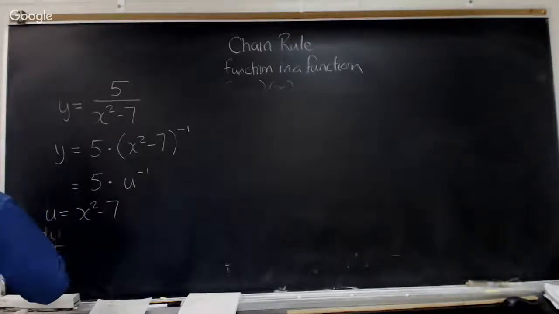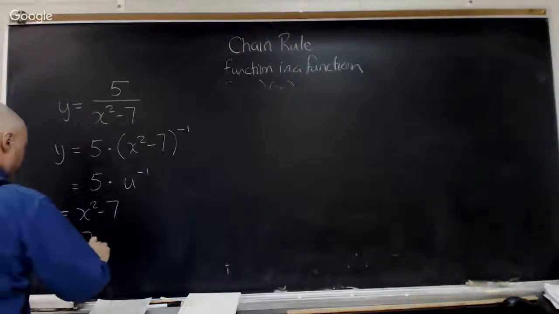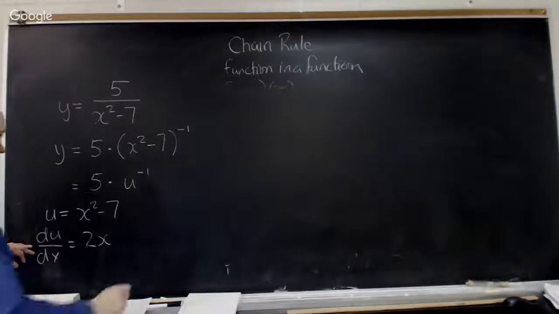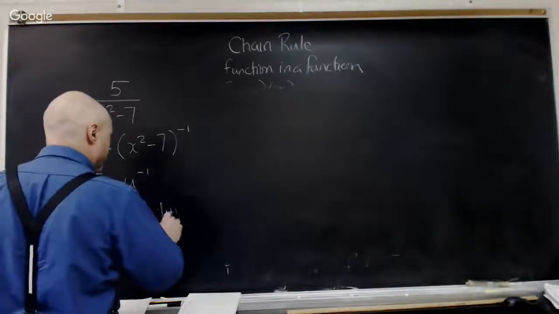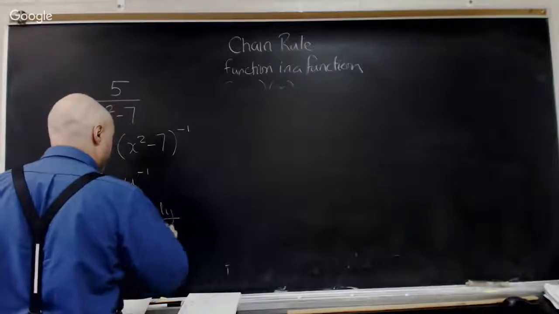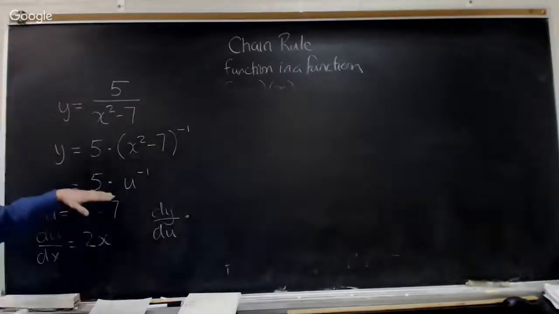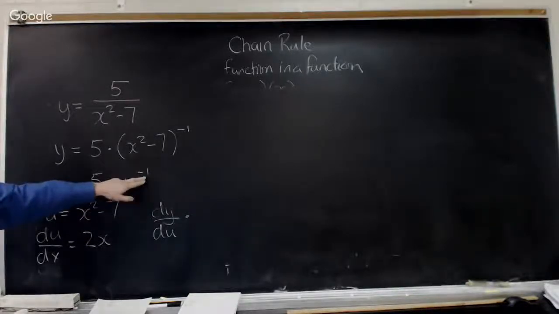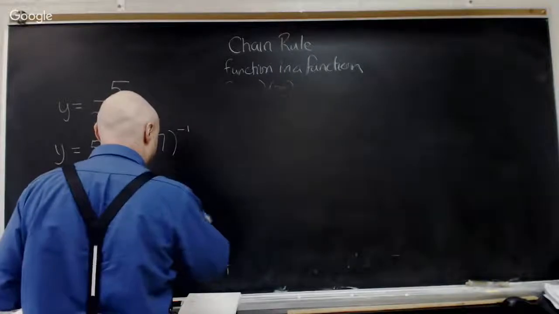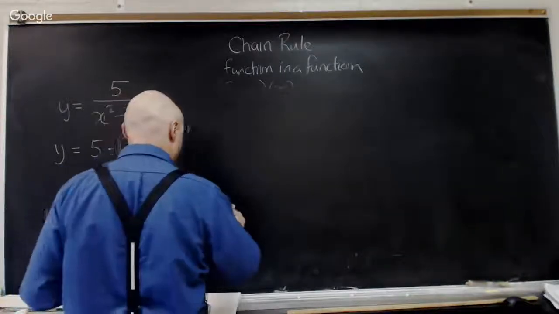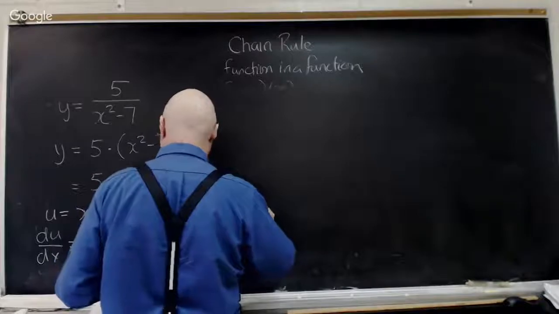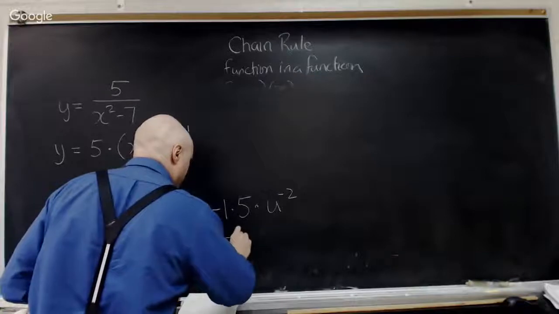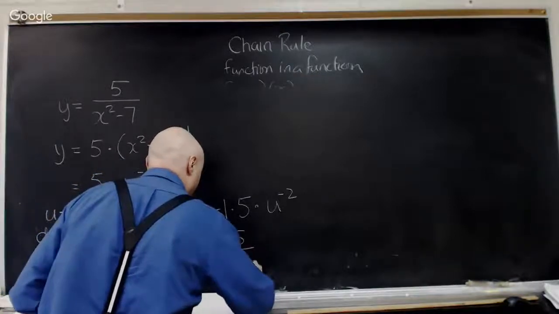And I'm going to do du/dx right now. du/dx is equal to 2x. Now, dy/du is going to be equal to the derivative of this with respect to u. Just using my power rule, dy/du is equal to negative 1 times 5 times u to the exponent negative 2, which is just negative 5 over u squared.